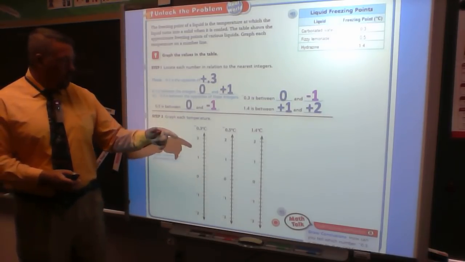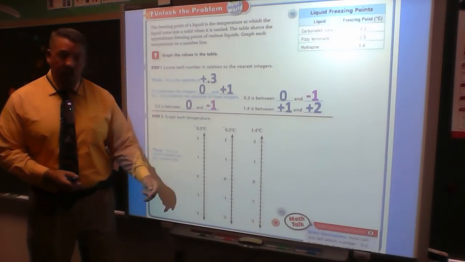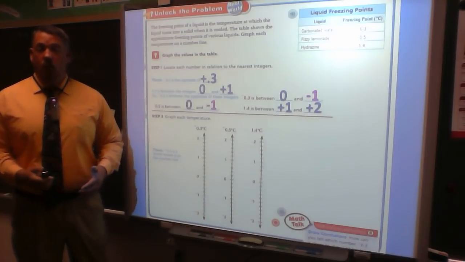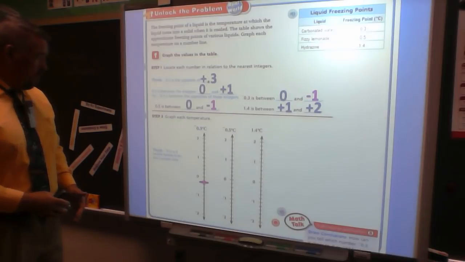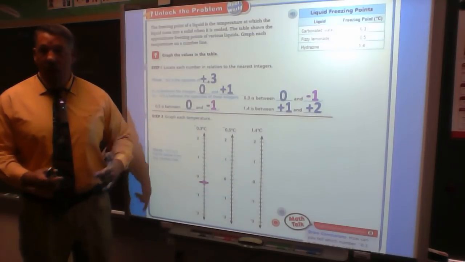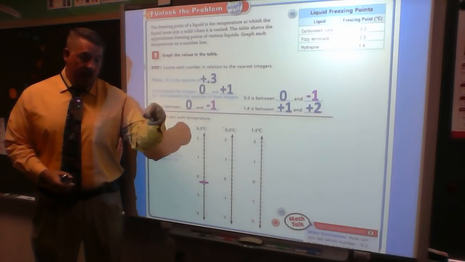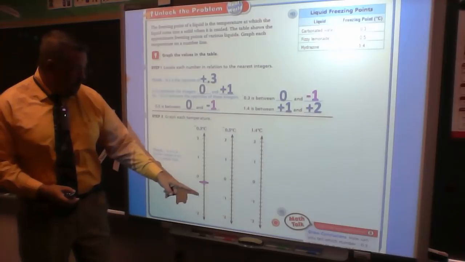If I'm looking to plot negative 0.3, then I know I have to go down 1, because that's negative 0.2, and then halfway in between. That's where my negative 3/10 is going to be. If I do the same thing for negative 5/10, well, now I have to go down 2 of them, because I'm going down to negative 2/10, negative 4/10, and then just halfway in between.